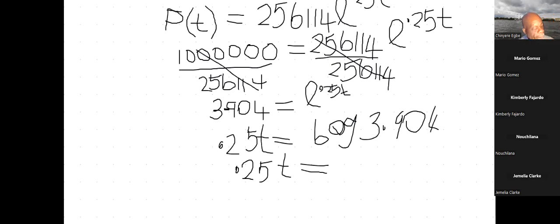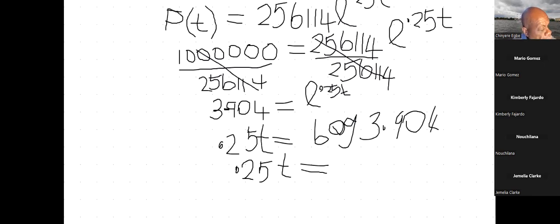Okay. So you got to do the log of both sides, you said? Yes. And I'm using the log to base 10, 3.904.